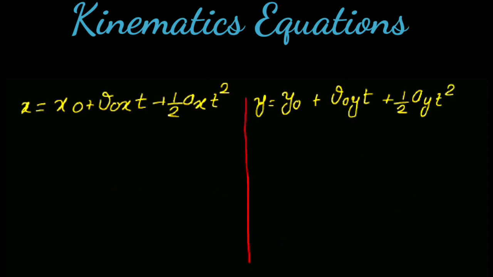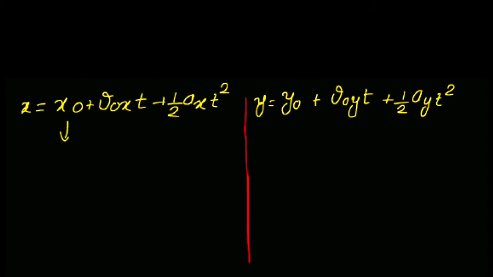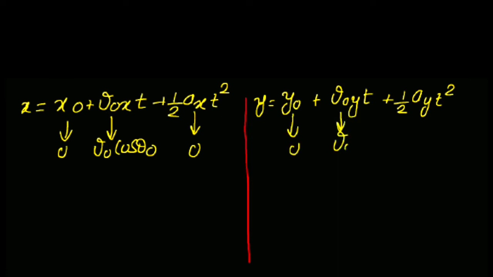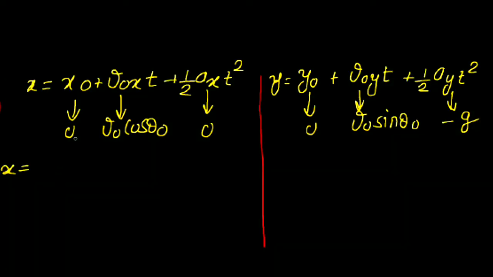Here x naught and y naught are the coordinates of the origin. So x naught equals 0, v naught x equals v naught cos theta naught, and a of x equals 0. y naught equals 0, v naught y equals v naught sin theta naught, and a of y equals minus g.